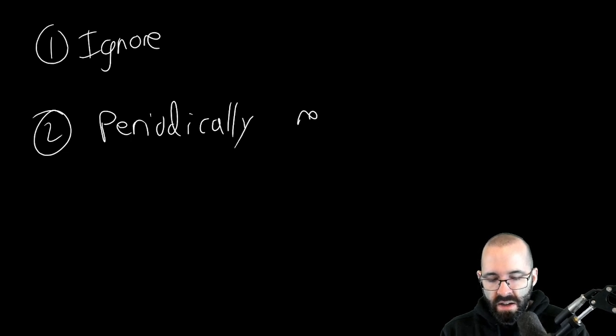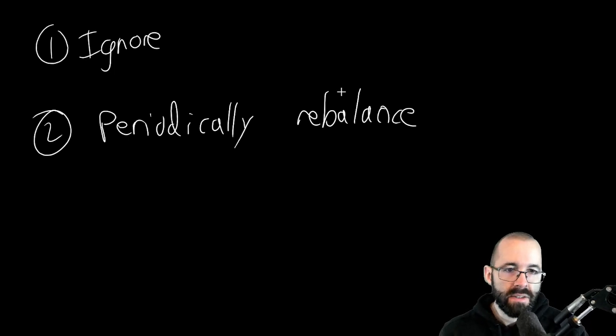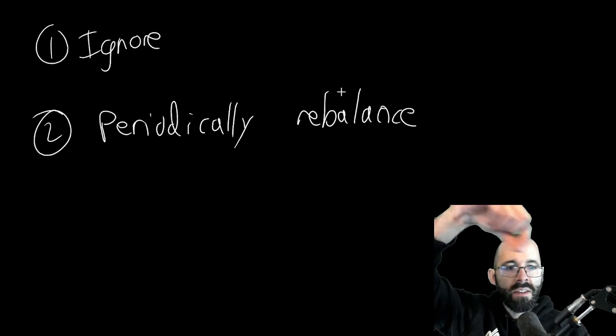The second way is to periodically rebalance. Let's say, every once in a while, maybe we're taking our server down for maintenance or whatever. We're going to spend some time and rebalance our tree. If we're thinking about things alphabetically, we can make the root of our node the middle.